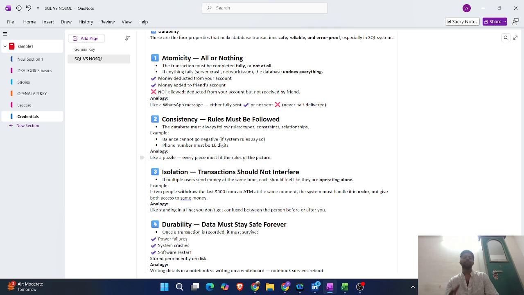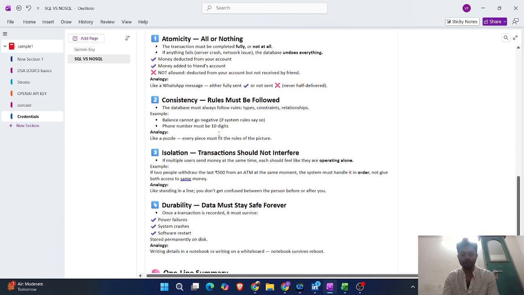In that case, I won't get 100 crores, right? Because I have only 10 crores. These examples make sense, right? We have to always think in a positive direction. So my point is, consistency means across all the data, across all the tables, it has to maintain some kind of rules. All rules have to be followed. That's why they call it consistency.